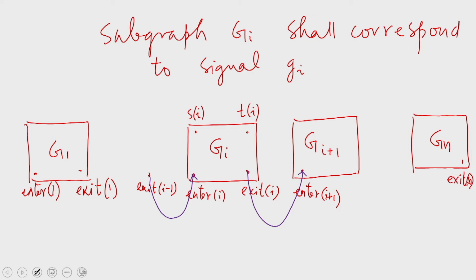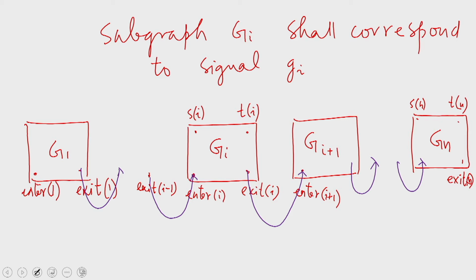Exit n will not be connected to any other vertex, that is because Gn is the last unit. Now, here there will be two particular vertices, S of n and T of n. Exit i plus 1 will be connected to enter i plus 2. Similarly, enter n will be receiving an edge from exit n minus 1 and so on.